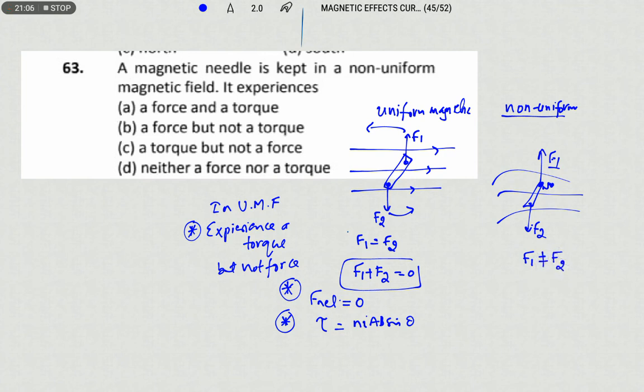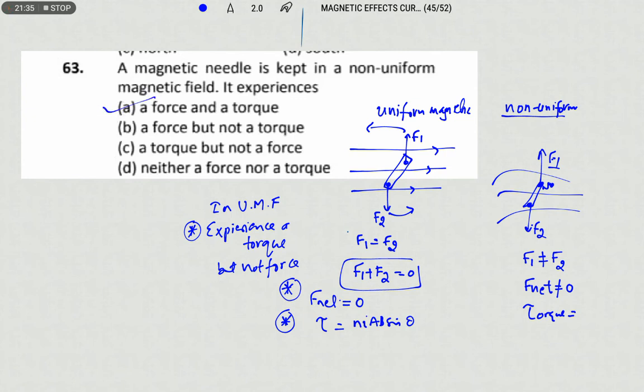That means the two poles of a compass needle or a magnet never experience equal force. Therefore the net force is not equal to 0. In the same way, it experiences some torque. So it experiences a force and a torque.